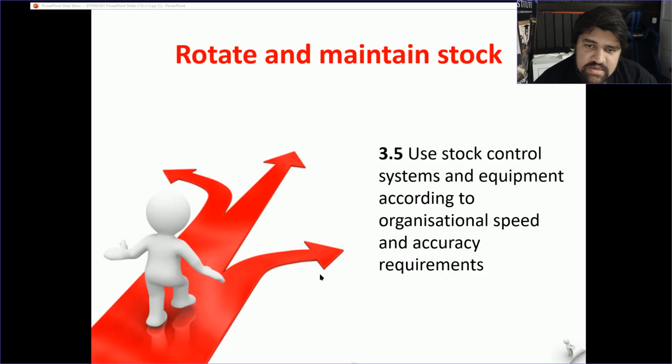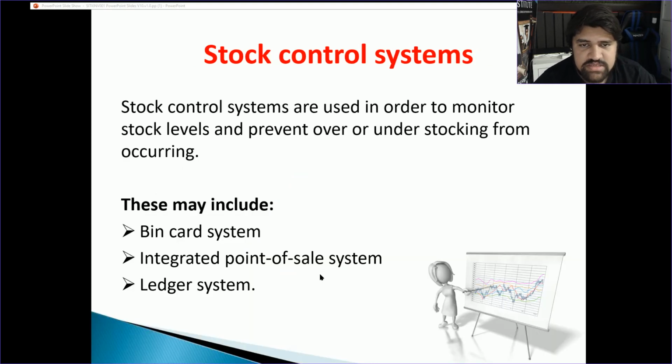Use stock control systems and equipment according to organizational speed and accuracy requirements. Stock control systems are used to monitor stock levels and prevent over or understocking from occurring. This may include the bin card system, integrated point of sale system, and ledger system. We use our point of sale system to manage our business in Ecush. We would be logging our stock in there, how much we have.